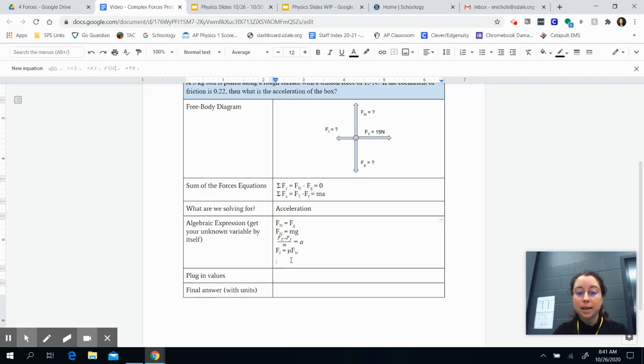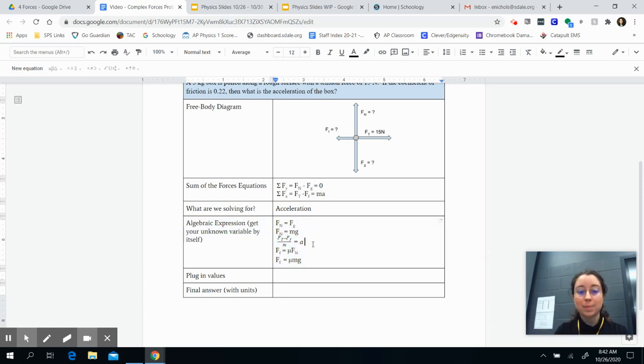And then I can say, I know what Fn is, that's mg, so now I can just say FF is equal to mu times mass times gravity, because mu times force normal is mass times gravity. So I'm just plugging in mg for force normal right here. That's all I'm doing.